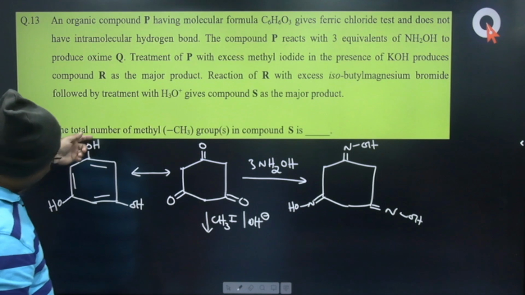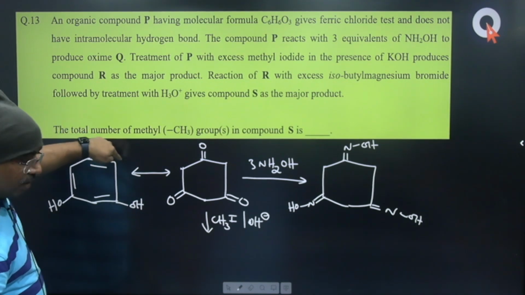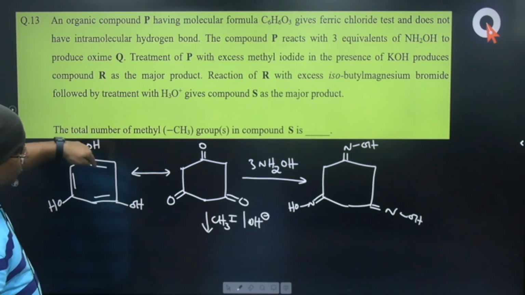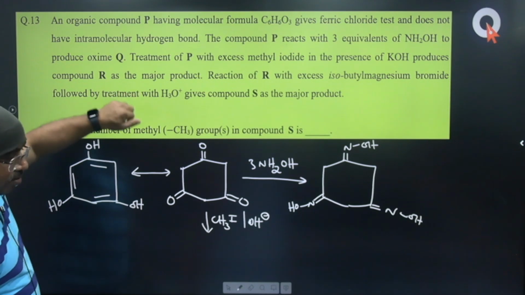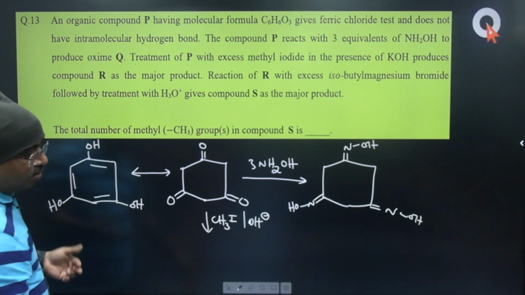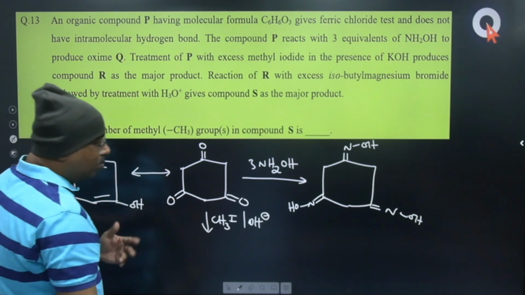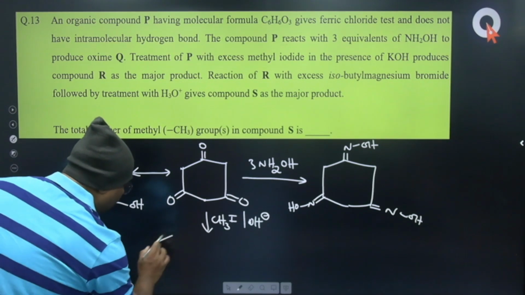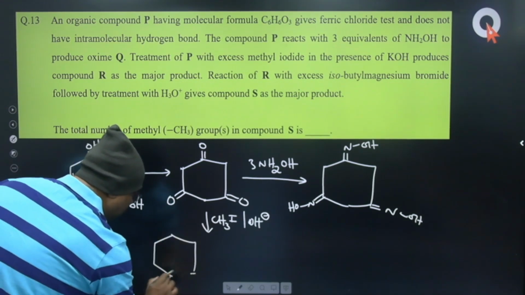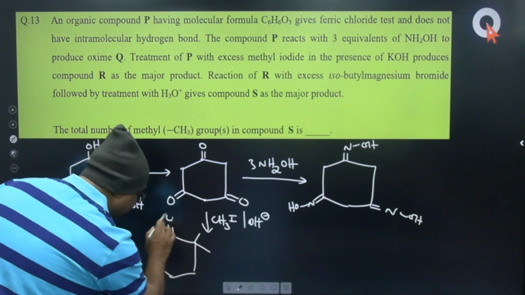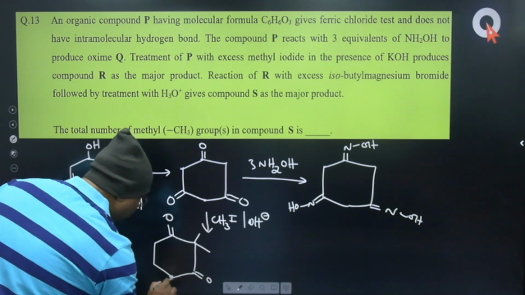Even when this is taken, it will resonate and convert into a carbon with negative charge. So the addition reaction takes place, and carbon can react with carbon and form the stronger bond. So this will convert like this, and all will be replaced by methyl groups like this.